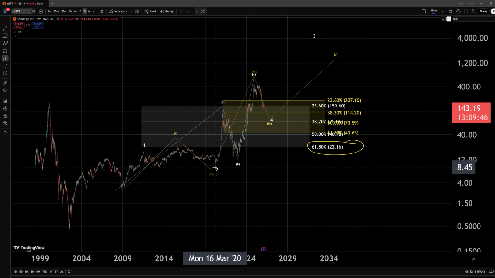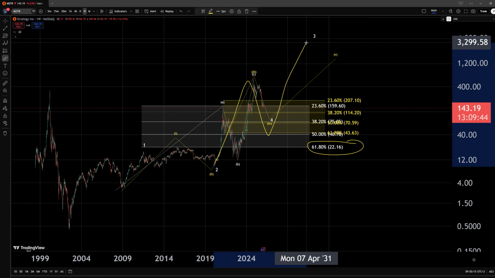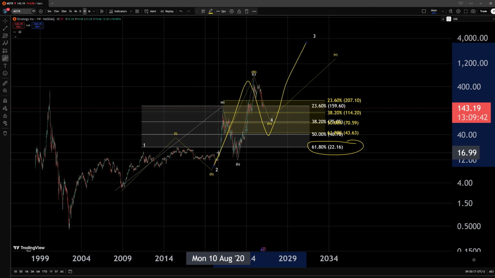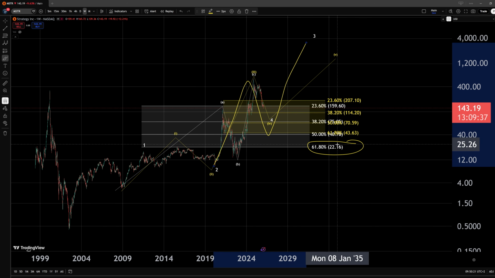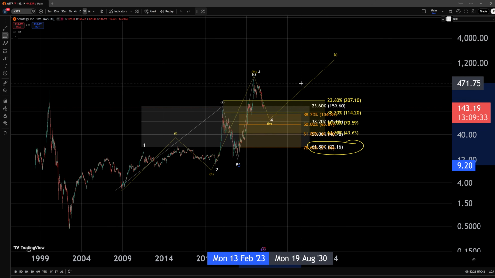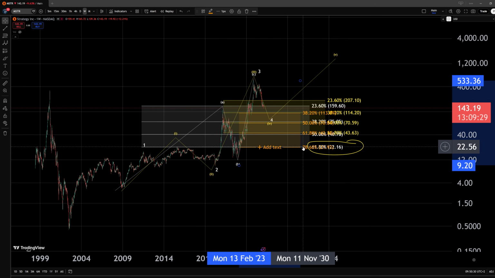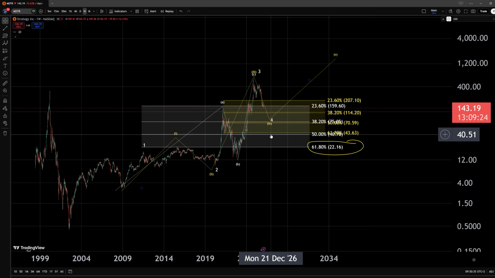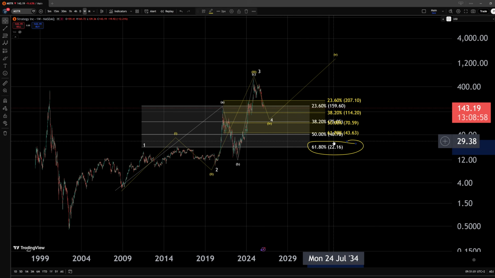Now, for this, we would need to consider something like an ABC pattern to unfold. The area of support would be very similar with what we are tracking in this white interpretation anyway, at the $22 level. Yeah, we can have here a brief drawing of the area of support, but as you can see, it overlaps perfectly the last level, the 78.6% retracement, with the $22 level at the 61.8% retracement, which is actually a positive sign because that means we can continue to track the uptrend against the same area, the same level for continuation higher.